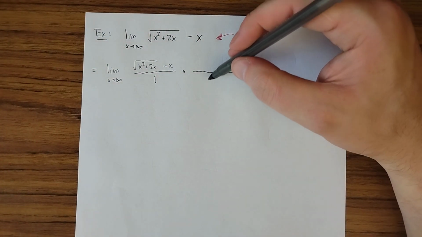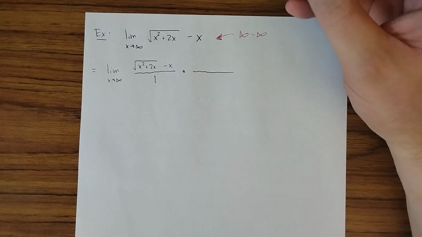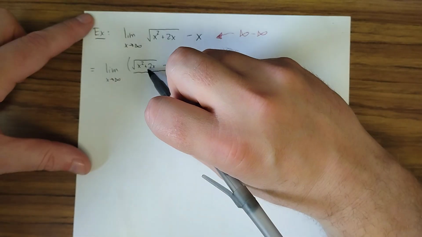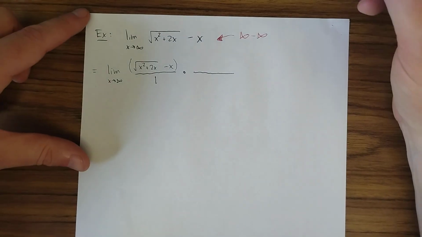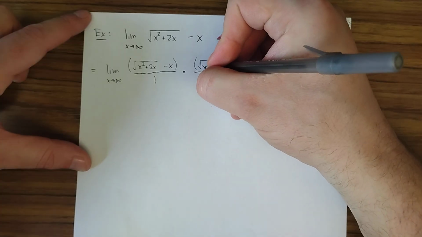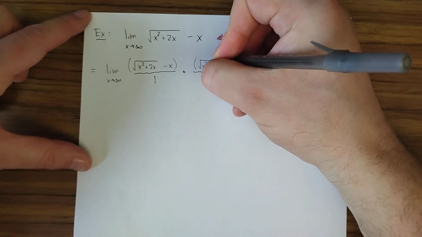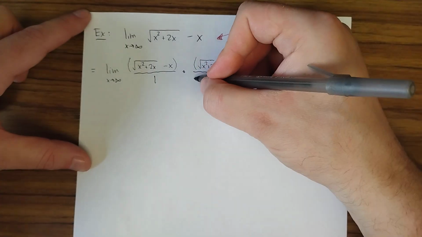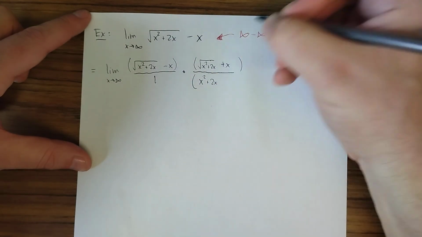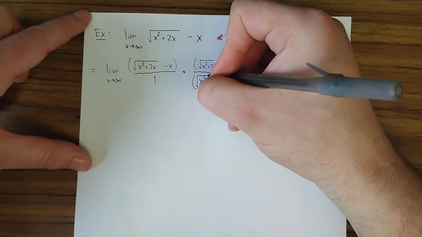What I'm going to choose to multiply by is called the conjugate. Let me use parentheses here. The conjugate is, I'm just going to replace this minus with a plus. Whoops, forgot to actually do the conjugate.